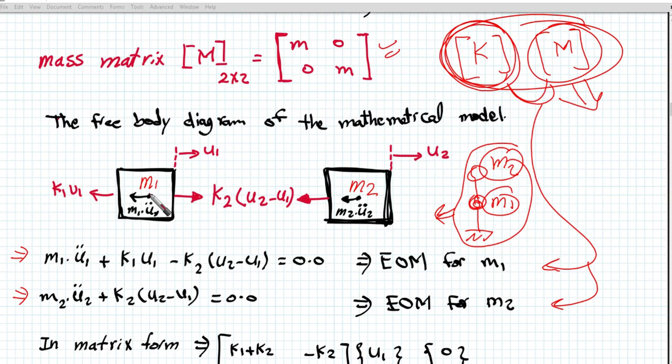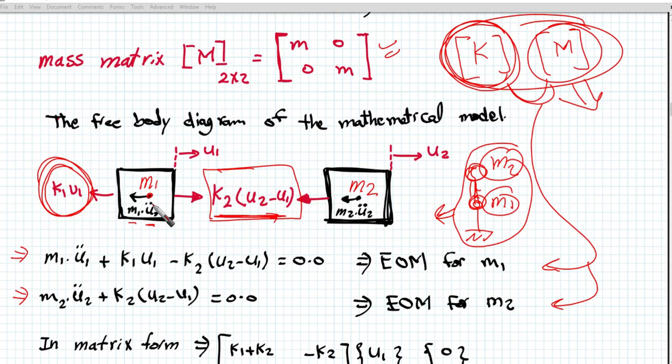The first mass is going to have inertia force, which is M1 U1 double dot, and there is elastic resistance here, which is K1 U1, and between mass 1 and mass 2 we have K2 times (U2 minus U1). At the same time, mass 2 has the inertia force, which is M2 times U2 double dot.